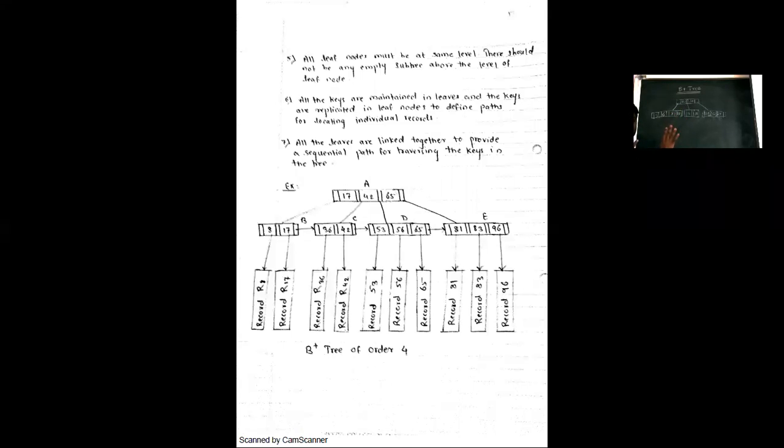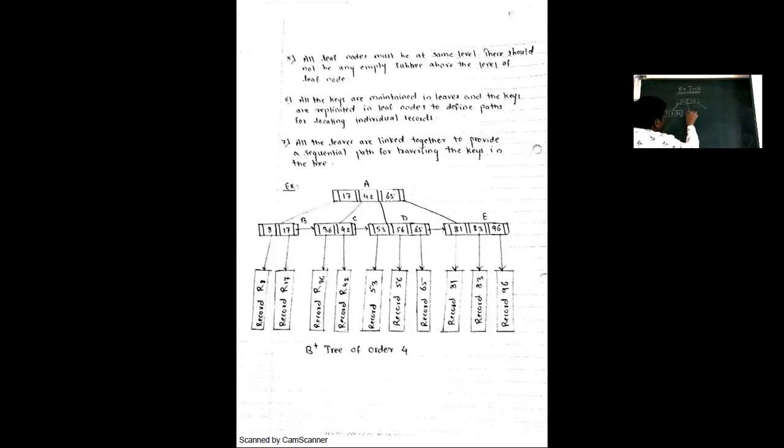So what will be the change? First try to understand the change. I have used 10 in the root also, but this key I have maintained at the leaf level, right? After that, 12, 14, and here, 12, 14.